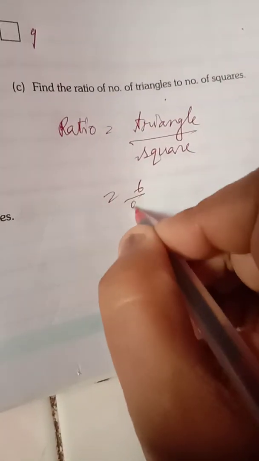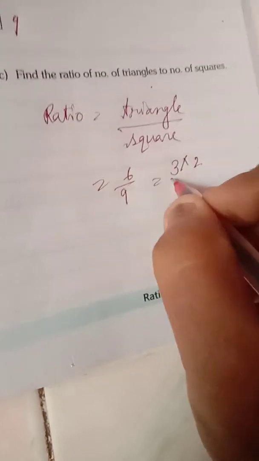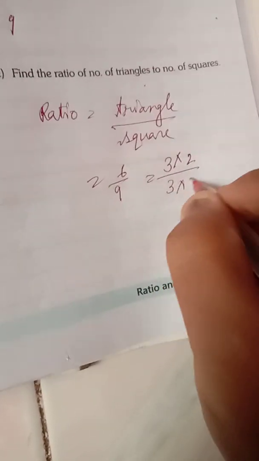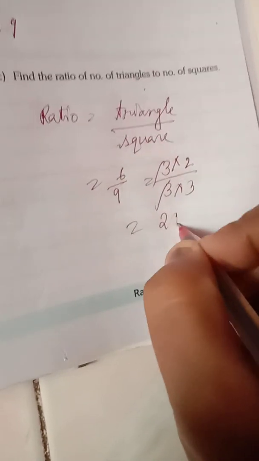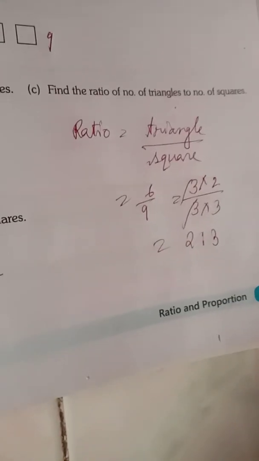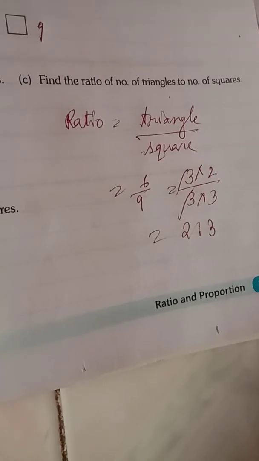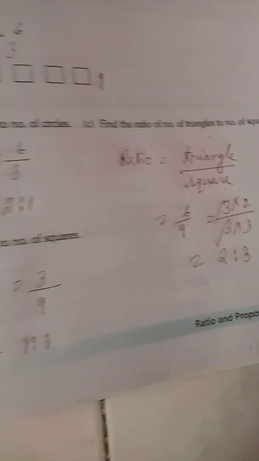So here it is 6/9. Make it reduce from 3 2s are 6 and 3 3s are 9. Cut both 3 and 3. So the ratio is 2:3. Move for the next question.